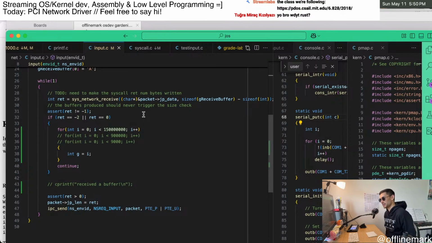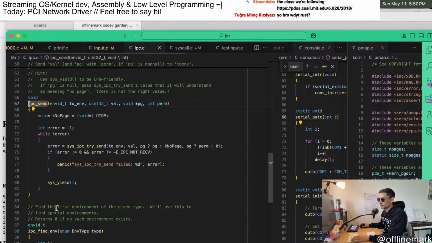Anyway, let's check out IPC send. I kind of forget how this works. So in this operating system, we have this IPC infrastructure where user space processes can send data to each other, but it's very simple. Okay, and here's the user space library portion.